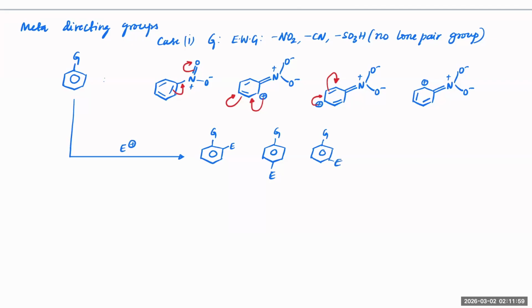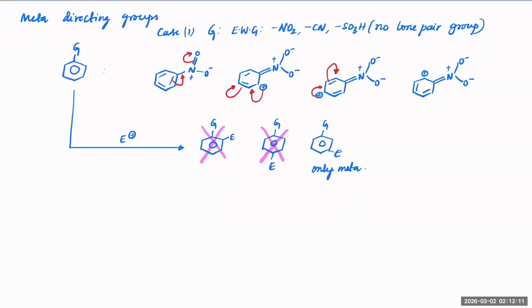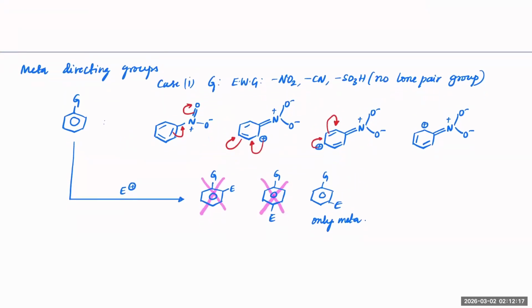The chances of the first two are less likely, so only meta position will come. That's why, if you do not have any lone pair group directly connected to the benzene ring, the chances of getting ortho para products are less.